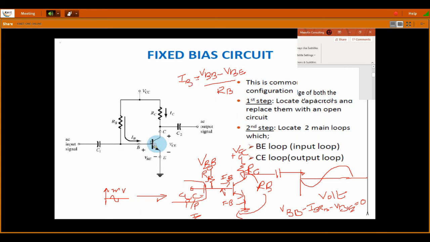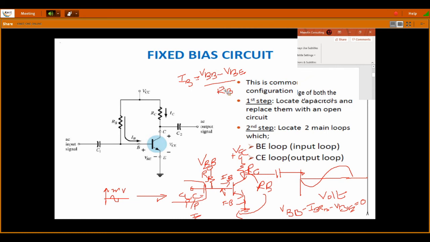So in your fixed biasing circuit, we are maintaining a steady state base current by taking fixed voltages on your input side, in series with RB.